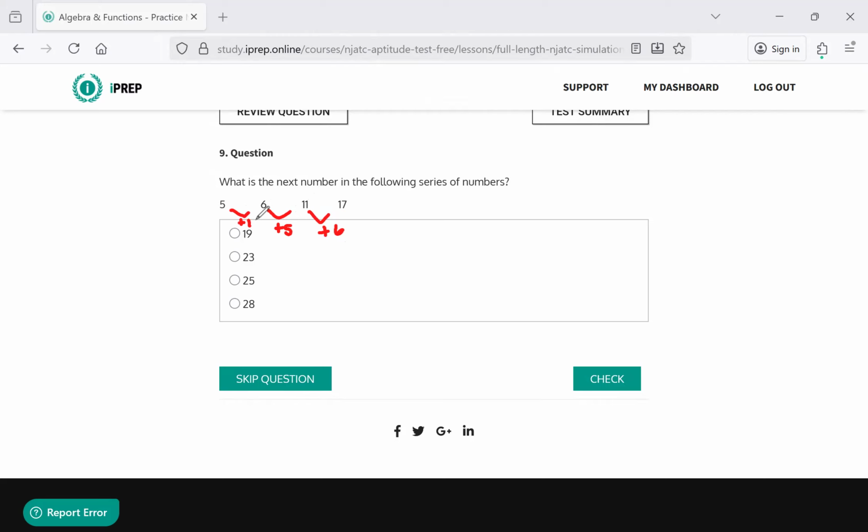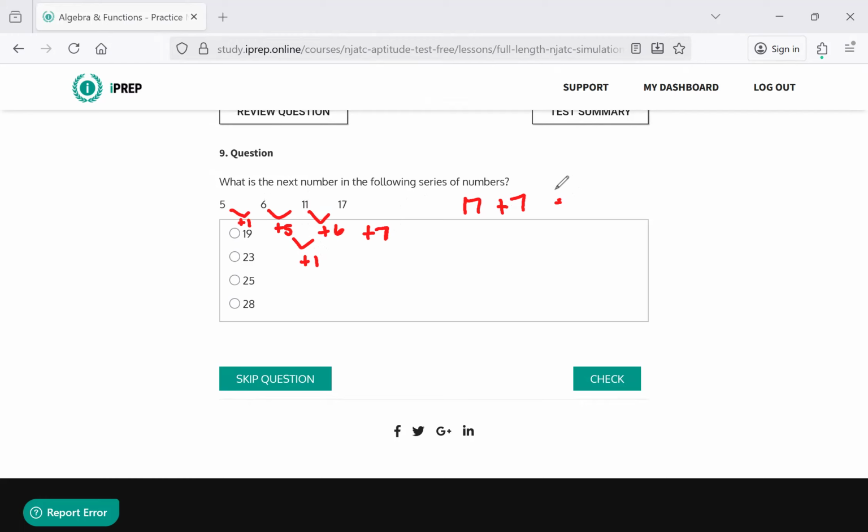So I think from 5 to 6, you had to add 1. So I think you just have to add 1, so the next one would be 7. So the next term would be 17 plus 7, which is 24.